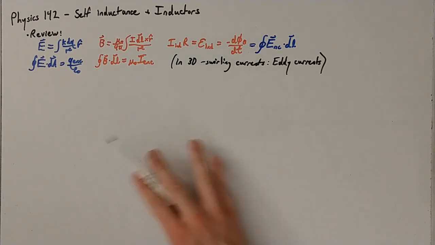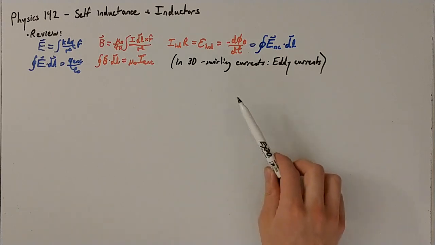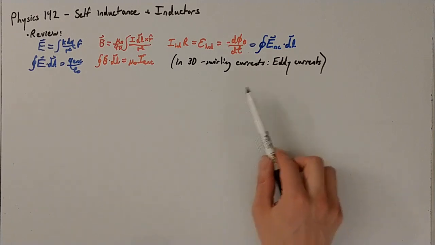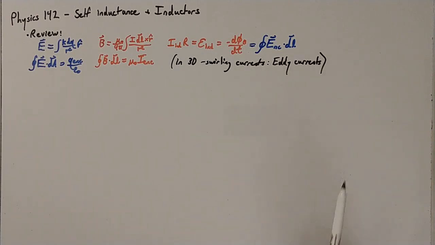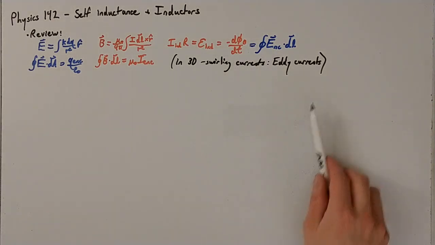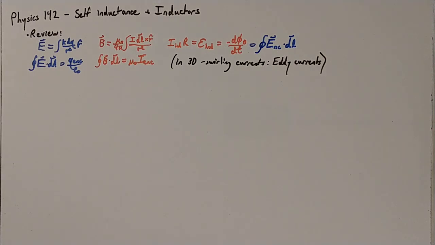Imagine having some metal disc, you get swirling currents in that if you change magnetic fields across a big disc, and those are called eddy currents. I encourage you to watch the video. It's not something we're going to go into detail in this class, but it's pretty interesting if you're interested in things like magnetic braking. This is the way that we do it, by inducing these eddy currents in 3D materials. So that hopefully gives you a little bit of a picture about where we've been.